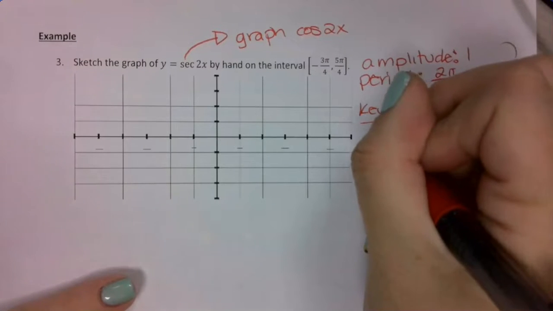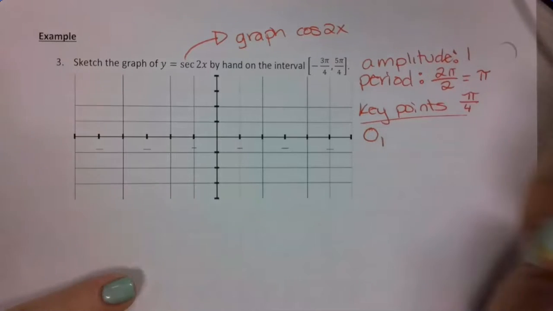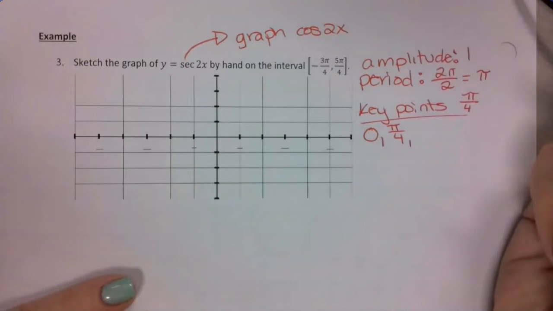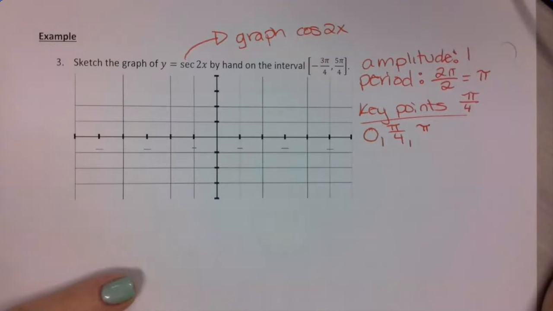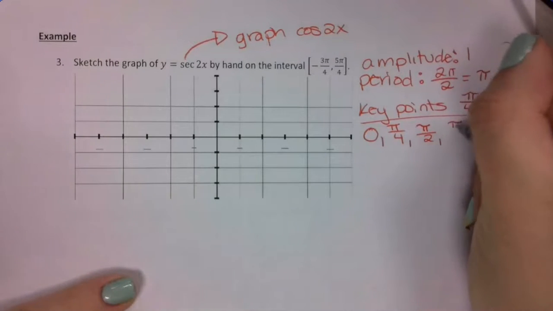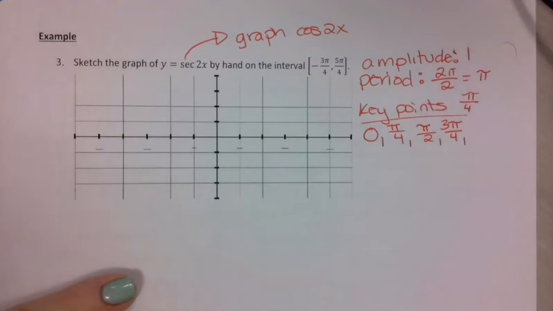I don't have a phase shift, so I start at 0. Then I count by pi fourths. 0 plus pi fourth gets me pi fourth, pi fourth plus pi fourth gets me, what's 1/4 plus 1/4? Pi halves. Pi halves plus pi fourth? 3 pi fourths. 3 pi fourths plus pi fourth?